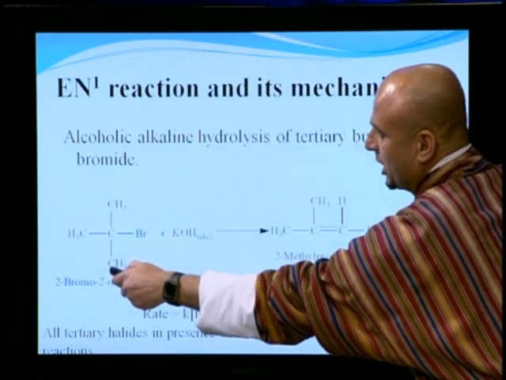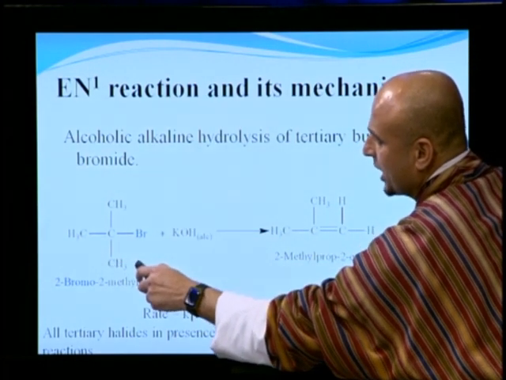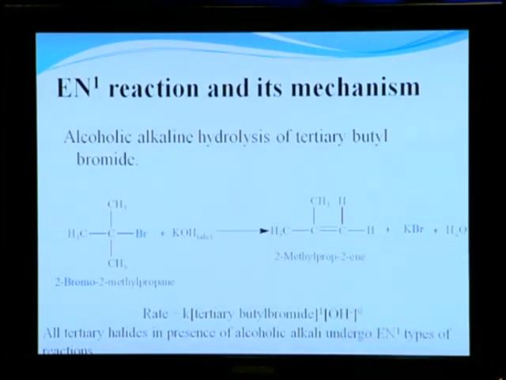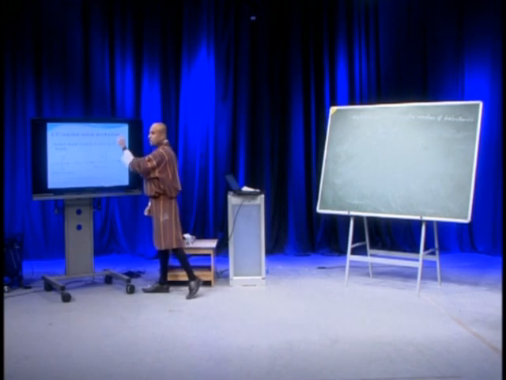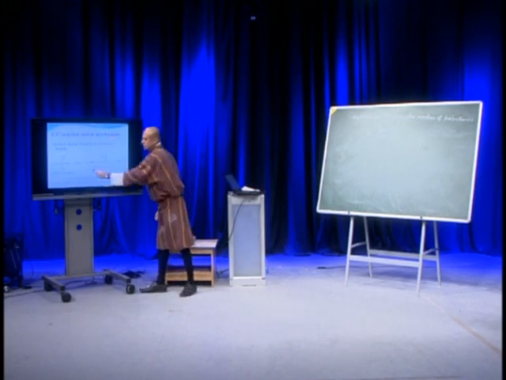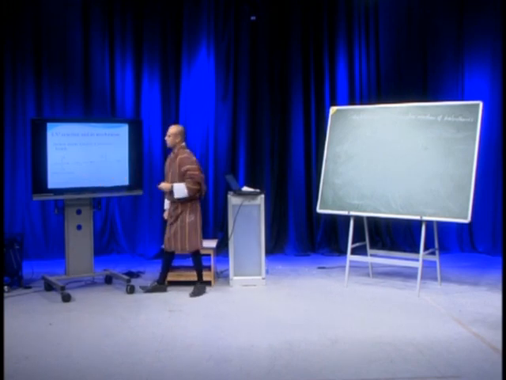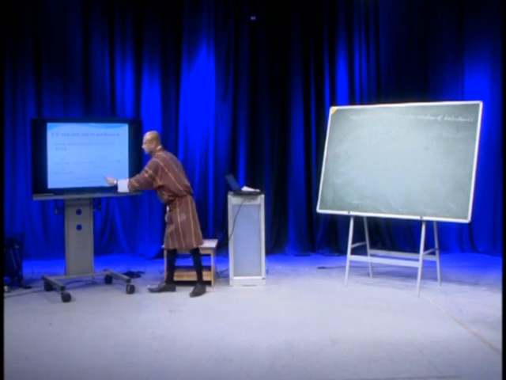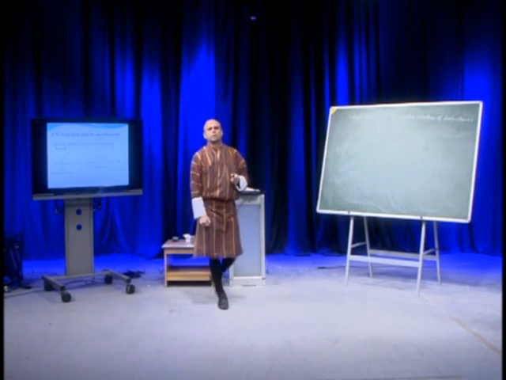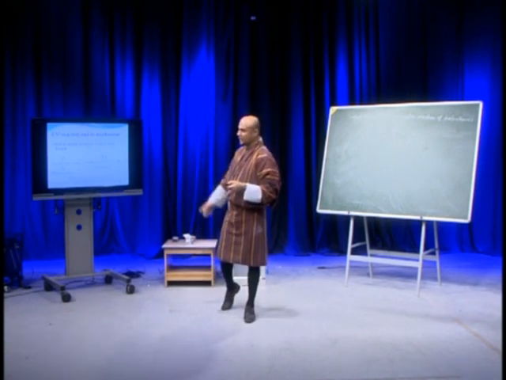As it goes out from the alpha carbon, again one hydrogen from the beta carbon will go out and results in the formation of double bond between these two carbon atoms along with other byproducts. Here again, we are calling it E1 because, as you can see here, the rate of reaction depends on the concentration of tertiary butyl bromide, but it does not depend on the concentration of nucleophile, which is hydroxyl ion here.